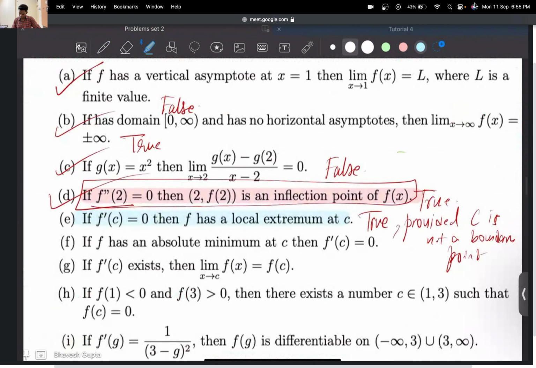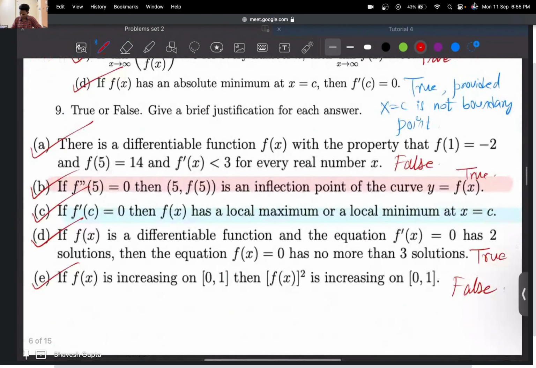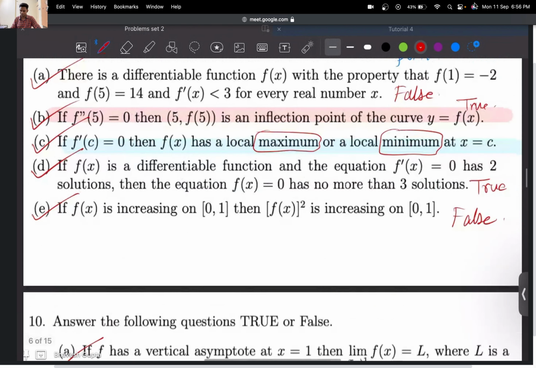And one more thing, they have written the same statement in another way. They have used the word extremum instead of maxima and minima, so they mean the same. Maxima or minima together are called extremum. That's an English word you need to know.